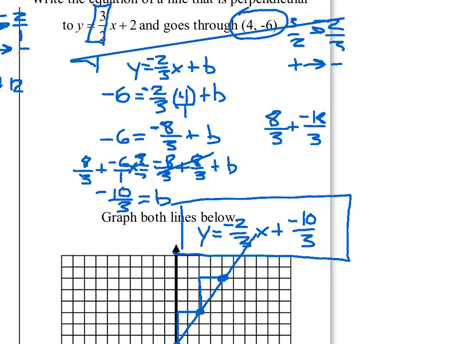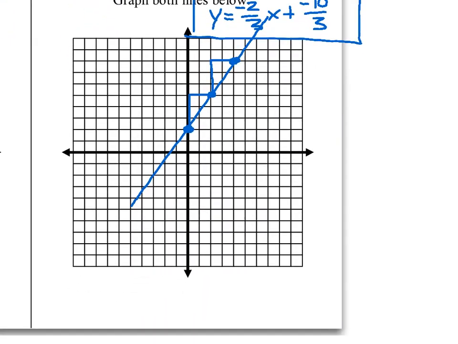So I'm going to go to (4, -6). And the slope I can see up here is negative 2/3. So that's a rise of negative 2, run of 3.